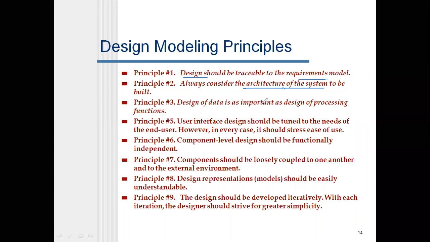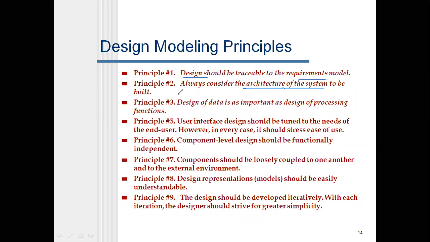Like that we should think once or twice while designing something, right? If those are not suitable designs for that particular system, then it is a waste of time, isn't it?